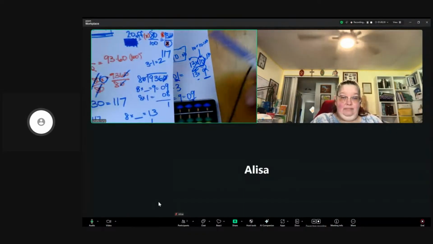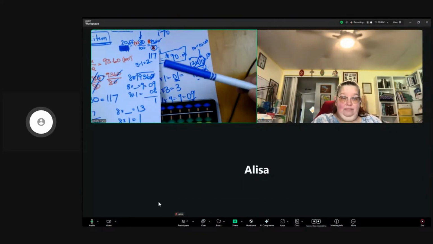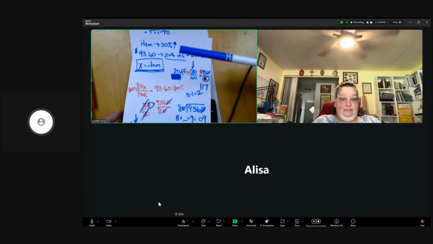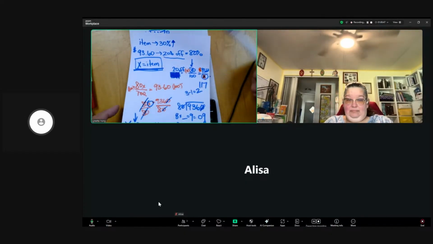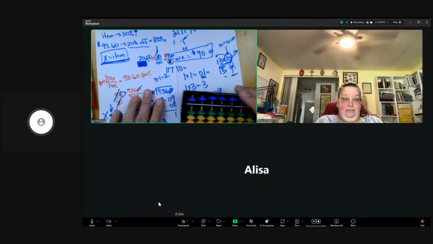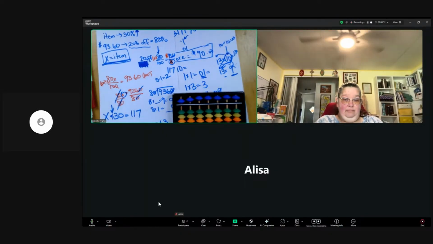But yeah, you could do everything on the abacus. The biggest thing is understanding the concepts. So you have the basic arithmetic, but you got to understand the concepts, how to get to it. And I think that's the difference. So abacus can translate to higher math. Anytime you do basic arithmetic, you can do abacus with it.